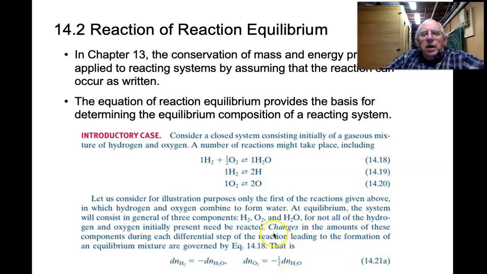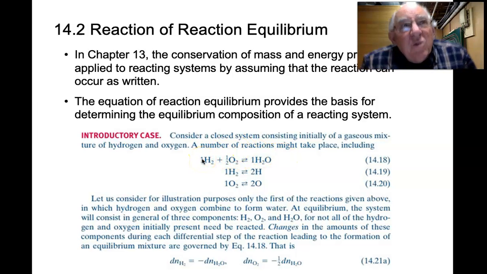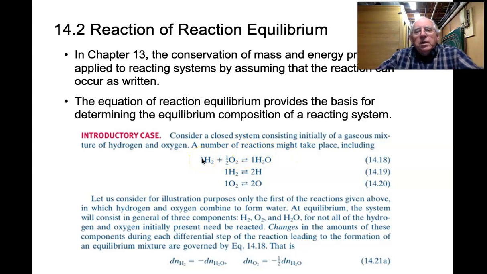And so we have these differential steps associated with each of those equations. We can also say for the second equation, for every H2 that disappears, 2 H's will show up, or the opposite. And the same thing we can say for oxygen.